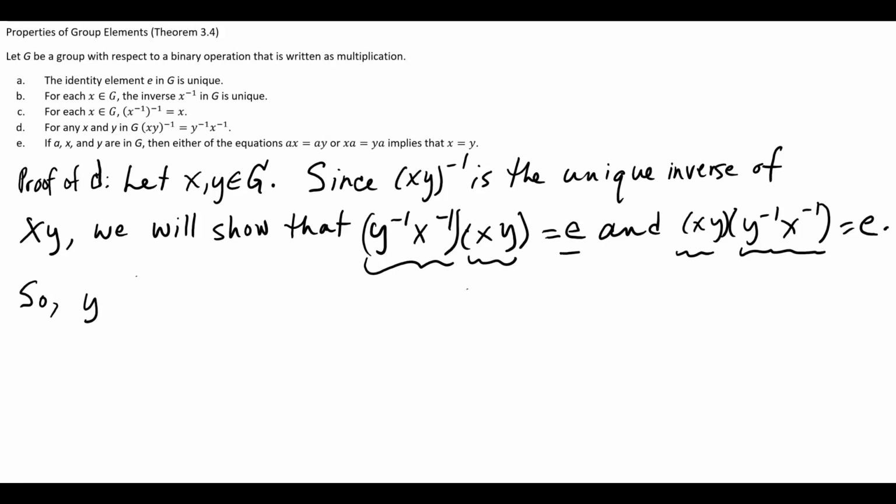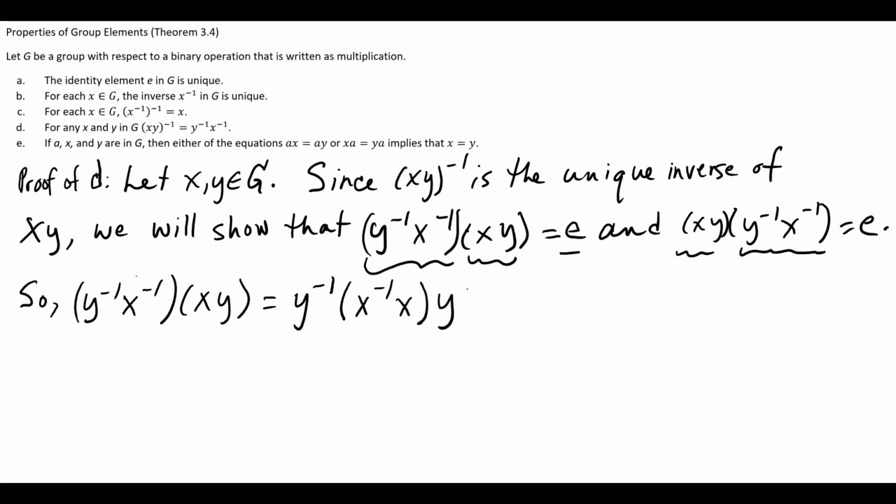So we have y inverse times x inverse. When I multiply that times xy, let's look and see what we can do with this. The operation in a group is associative, so I can regroup this as y inverse times x inverse times x times y.